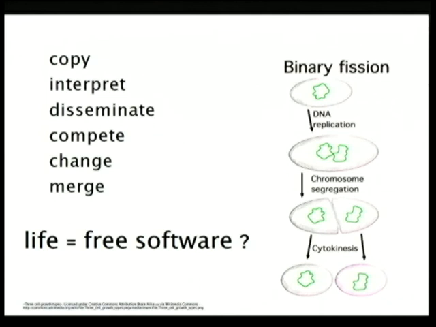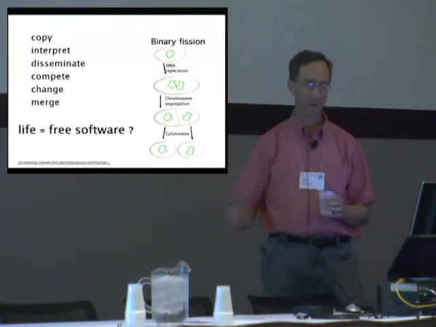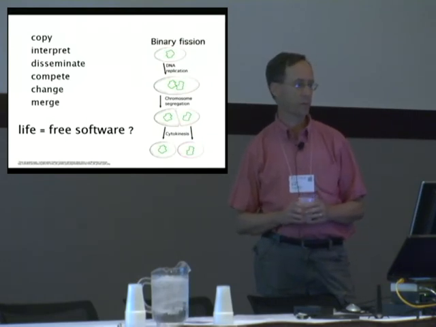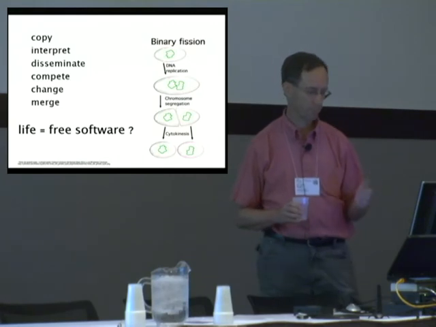If you take that set of activities, they apply equally well to life and to things like software development, the open source movement, and institutions like GitHub. So I just find it interesting going back and forth between these two activities, the study of evolution and the study of the source. So that's the talk.